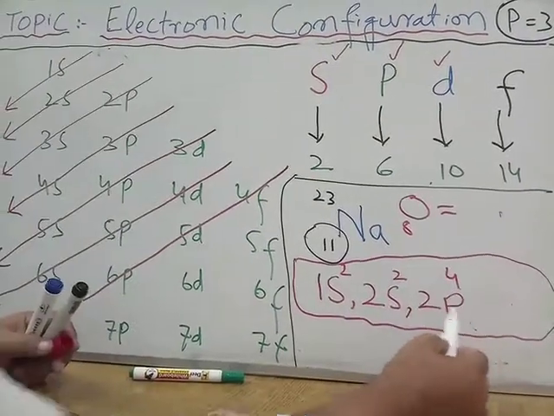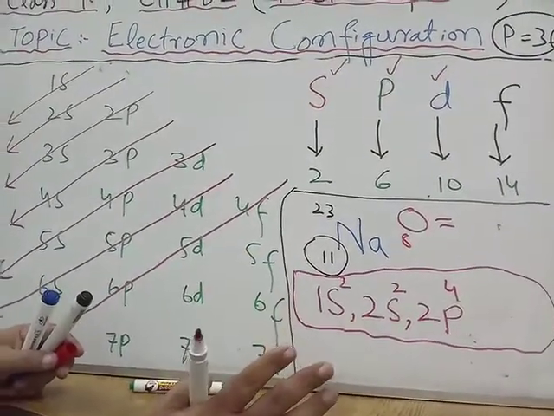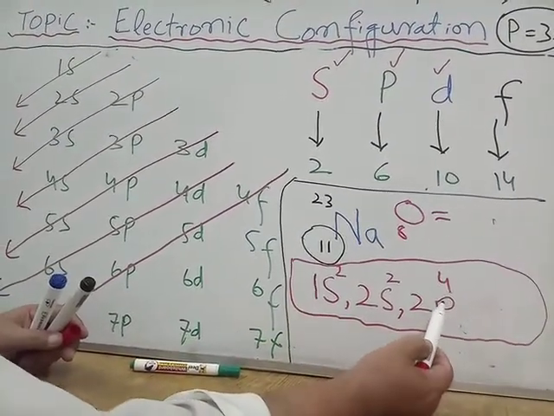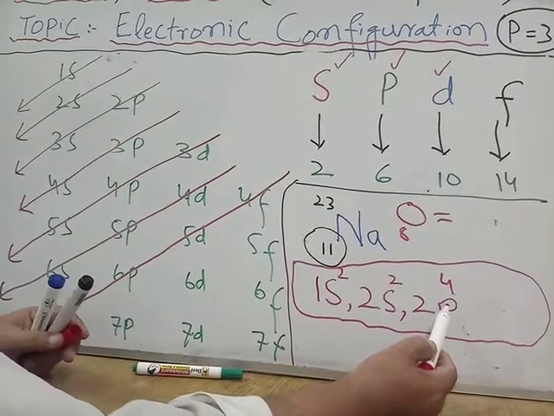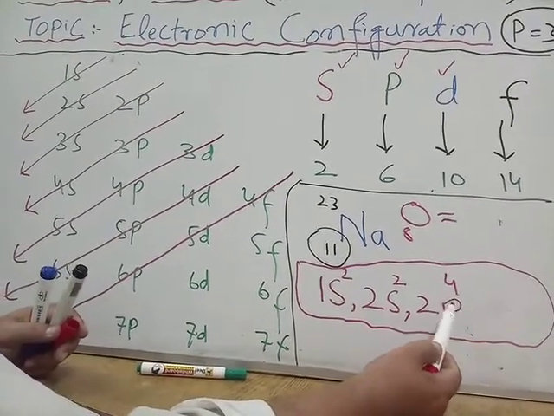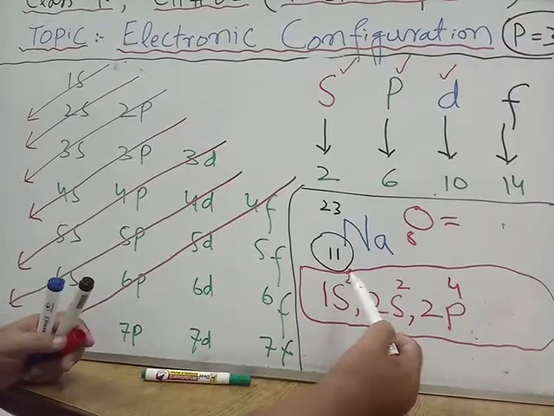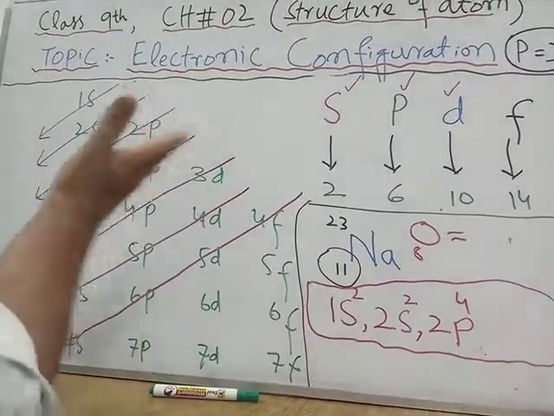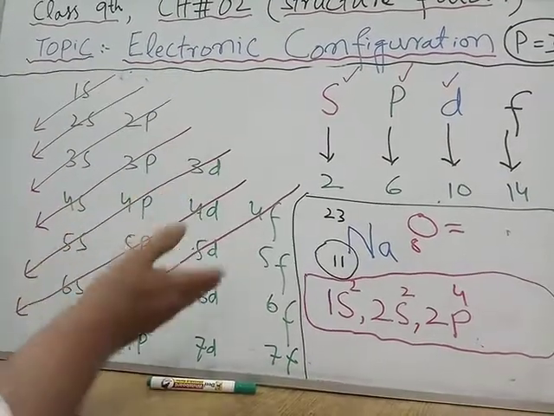The last subshell can accommodate any number of electrons. It is not necessary that it must always have 6 electrons. No, it can have 1, 2, 3, any number. But this must also be remembered: why I have drawn this order.